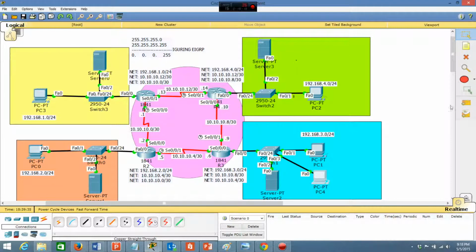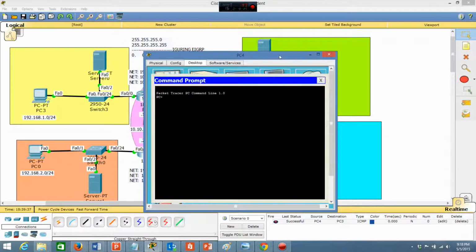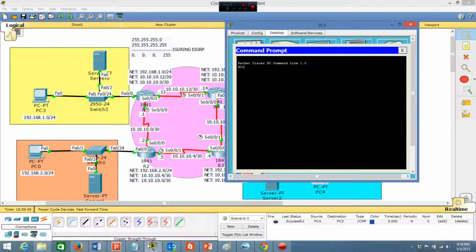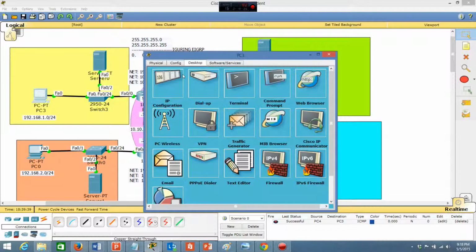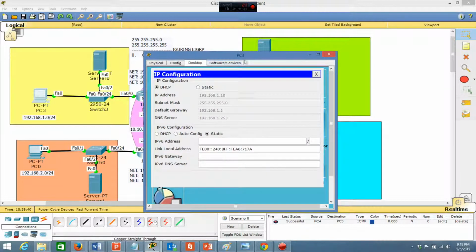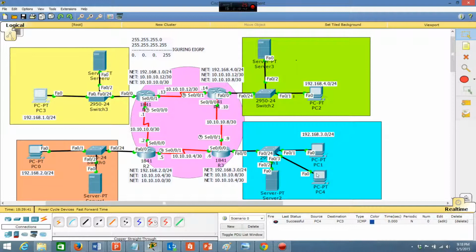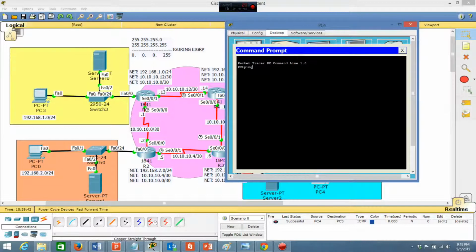Now let's ping from this new client over and see what happens. That is successful. Let's do this from this one. We want to do ping, but first we want to see what's our IP address on this client. Okay, it's .10. So we want to ping .10 from this client and see what happens. 192.168.1.10.